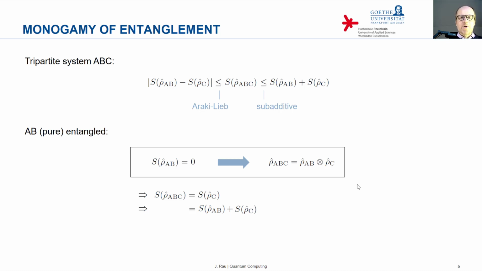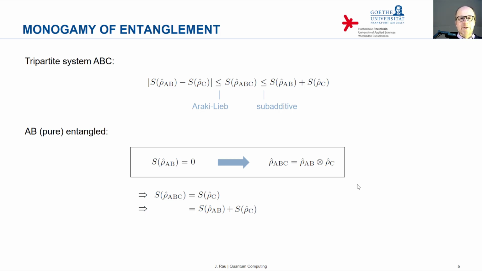So what does this conclusion in the box tell us? It tells us that when we have three systems, whenever two of them are entangled, so in this case A and B, then the third one, C, cannot be correlated in any way with A and B. And this is where this name monogamy comes from.